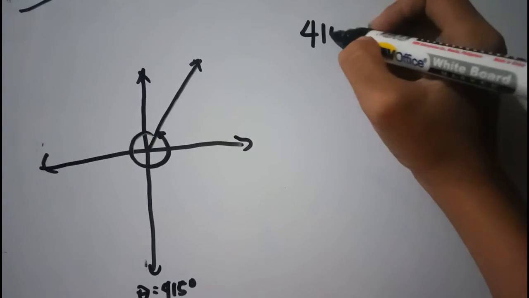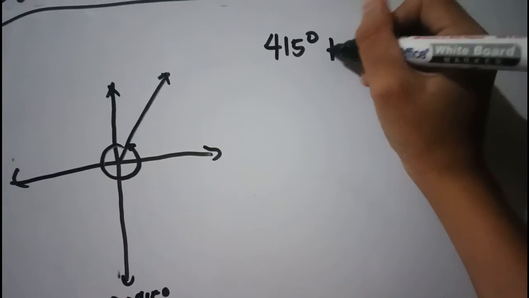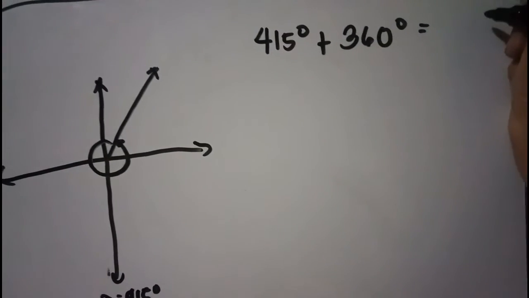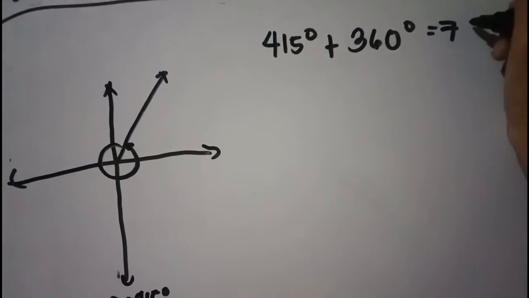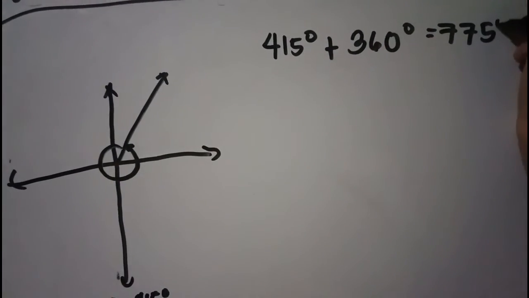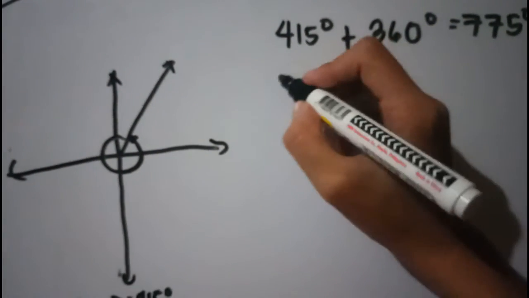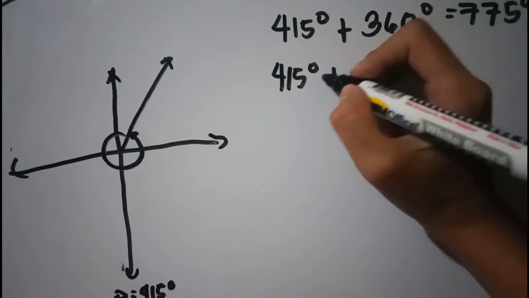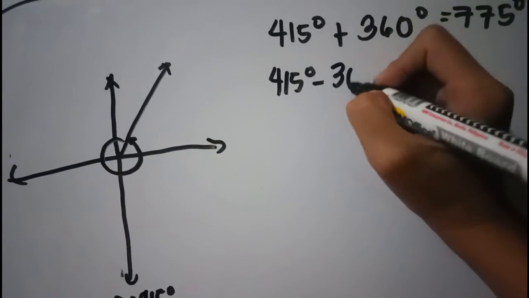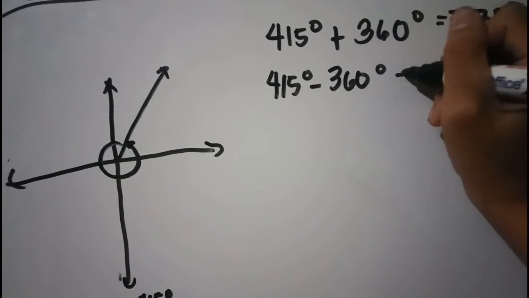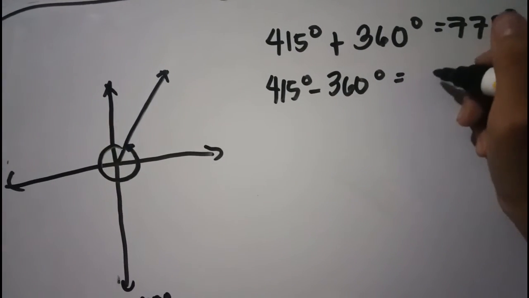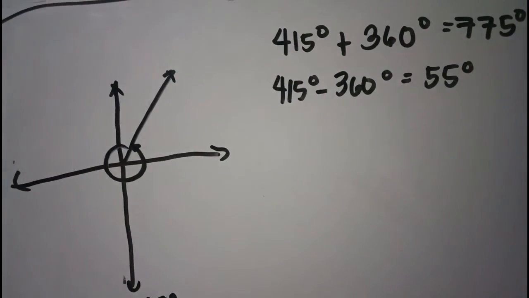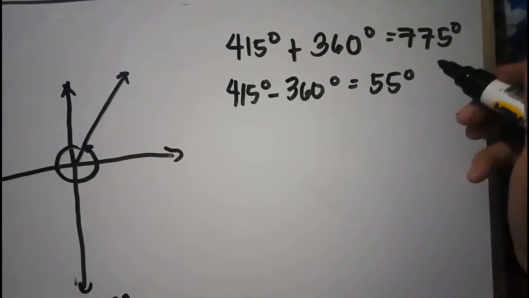So 415 degrees plus 360 degrees, we have 775 degrees. And next, 415 degrees minus 360 degrees is equal to 55 degrees.